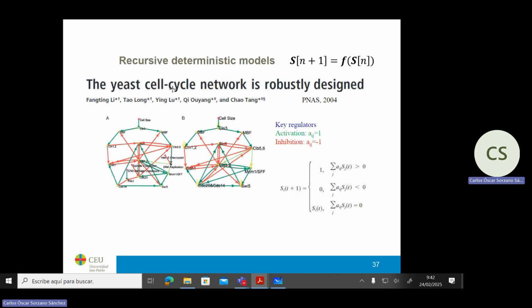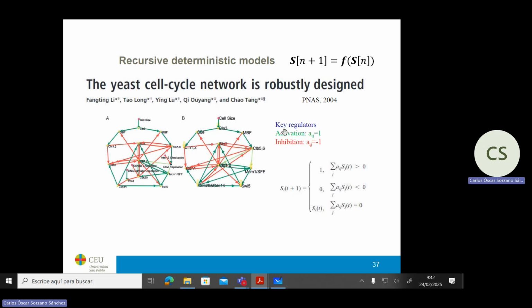It defined a few genes of interest, and then they defined a network in which each one was influencing other genes, and then they defined the influence.